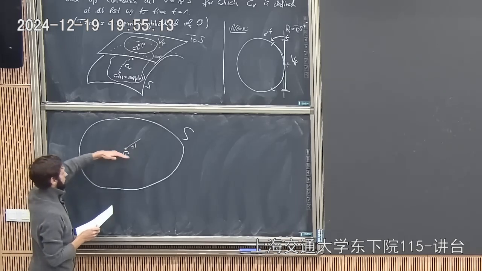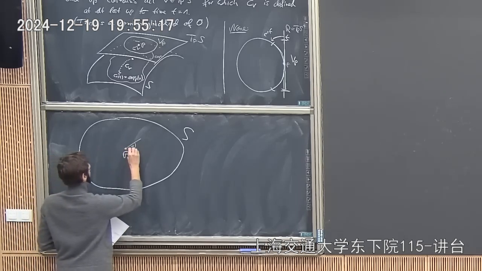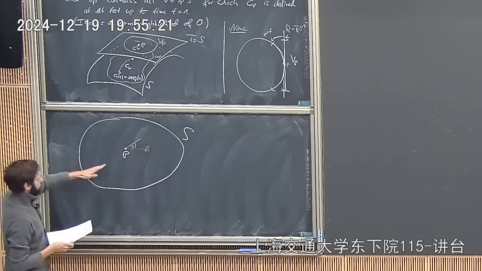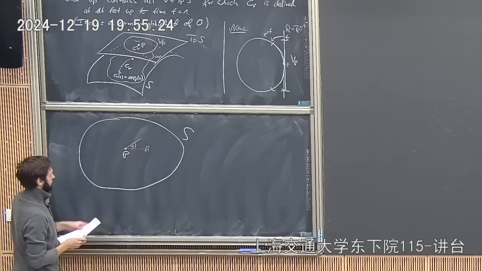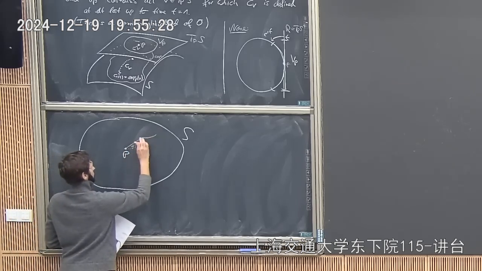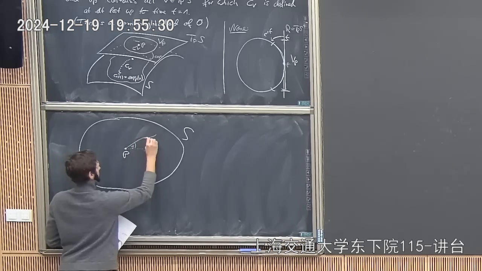So the phi gives us the angle with F1. So this direction here would be F1. So the phi gives us the direction, and then we just continue in this direction with it being a geodesic.